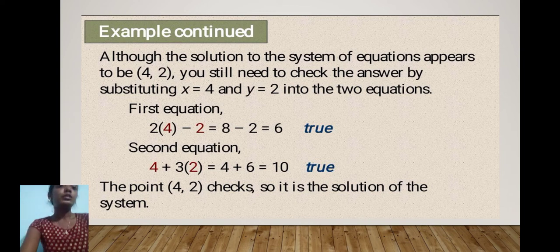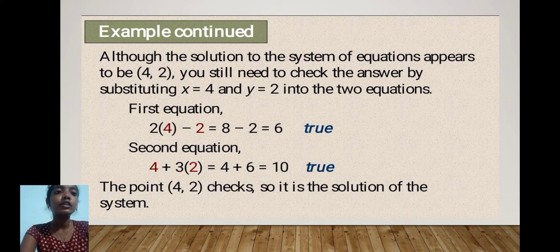Although the solution to the system of equations appears to be (4, 2), you still need to check the answer by substituting x = 4 and y = 2 into the two equations. The first equation is 2(4) - 2 = 8 - 2 = 6.